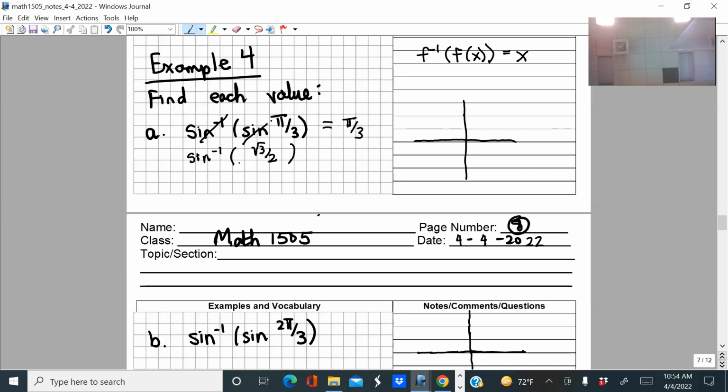Now look what we're trying to find here. Sine inverse of square root of 3 over 2, that's an angle. And what do we know about that angle? Its sine has to be square root of 3 over 2, correct? So what does that angle have to be? Well, what angle has sine square root of 3 over 2? We just said it: 60 degrees, which is pi over 3.